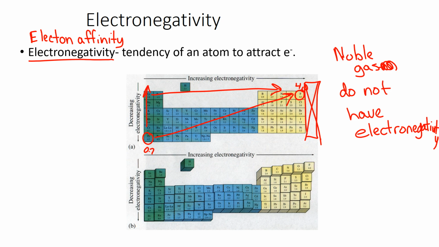While it's not going to be totally accurate, you can actually use this table to help you remember the trend for ionization energy, electron affinity, and electronegativity. Now, the numbers that are on there only apply to electronegativity, but the overall trend that we see applies to all 3 of them because they all move in the same direction. Just realizing that electronegativity doesn't have the noble gas column. Everything else does. All right.